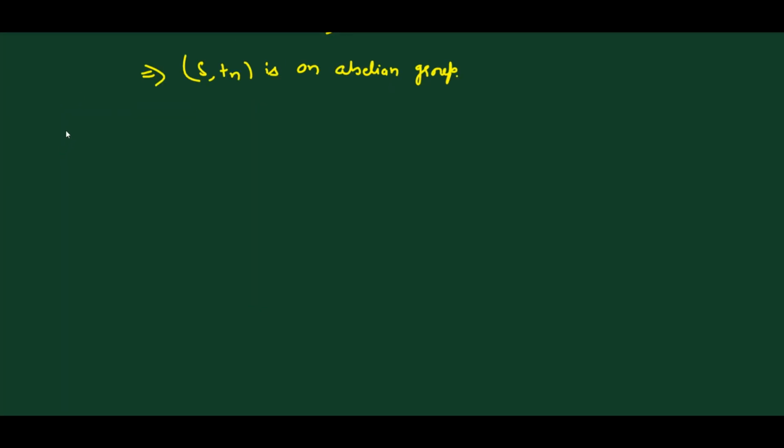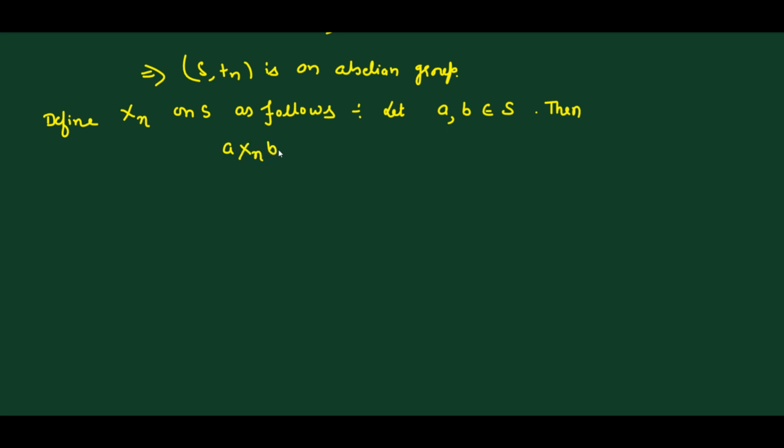Now we introduce multiplication on the set S. So define a multiplication, namely modulo n, on S as follows. Let a and b be any two arbitrary elements in S. Then we define a multiplication operation on S by this.